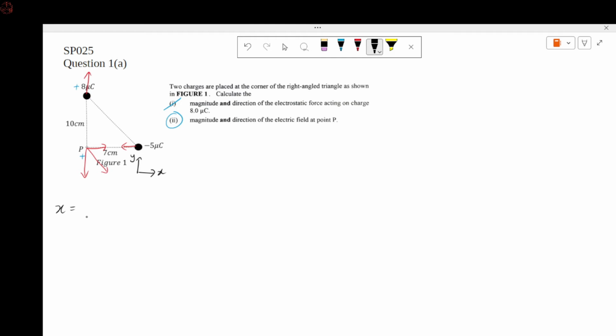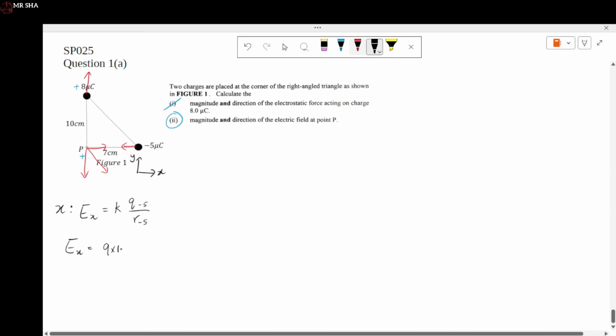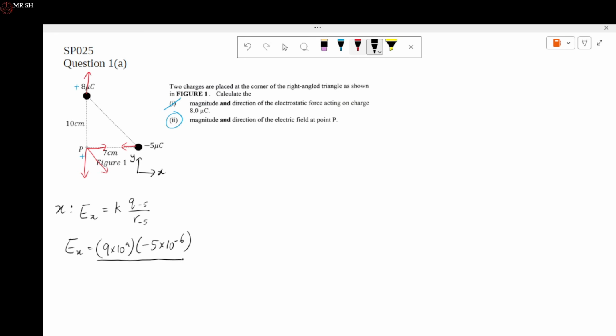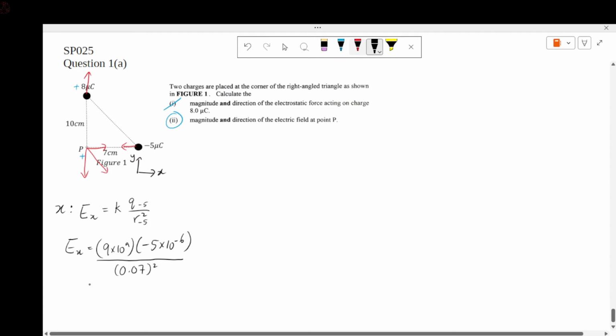In the x direction, we have the electric field from the negative 5 microcoulomb charge, kQ over r squared. K is 9 times 10 to the power of 9, Q is negative 5 times 10 to the power of negative 6, and the distance from P to the negative 5 microcoulomb charge is 7 centimeters, so 0.07 squared.